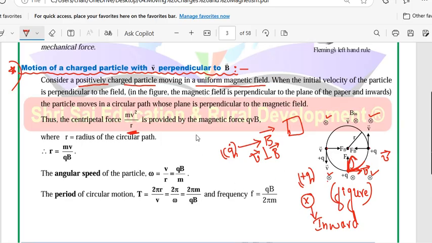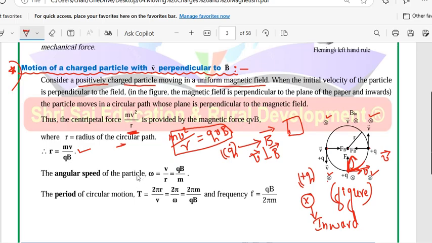So that can be written as mv squared divided by r. It is provided by the magnetic force, is it or not? Okay, where r is the radius of the circular path. So they have derived r from this equation.